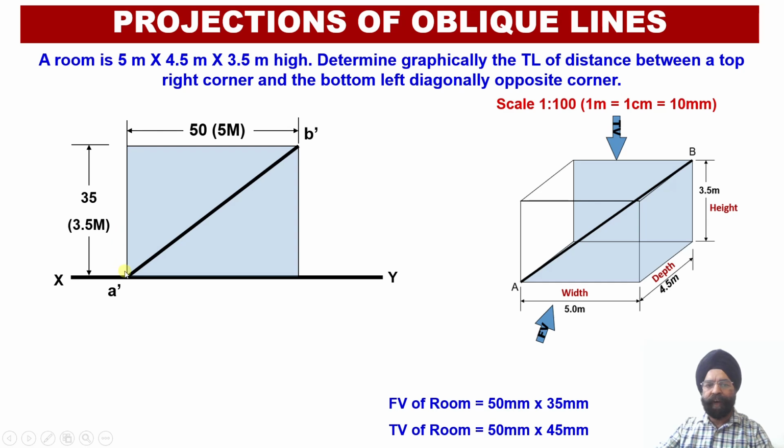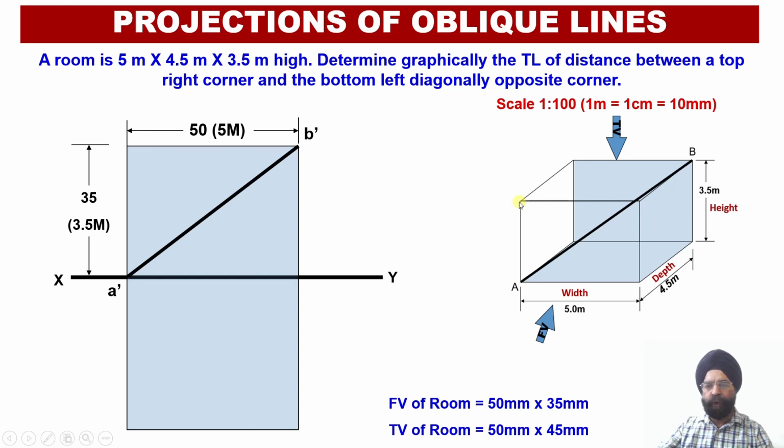So this way, once we join A dash with B dash, we will be able to obtain the apparent length of this particular shortest distance or the string, which is going to join these two oppositely located diagonal corners of this particular room.